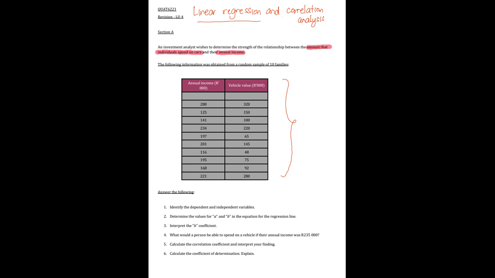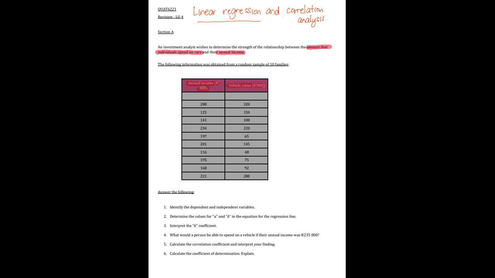And then you will see that in the table, they've actually given you those two headings as well, because that is the information provided. They've given you the annual income in the first column. And then in the second column, they've given you the value of the vehicle. So the amount that individuals can spend on a car based on their income.